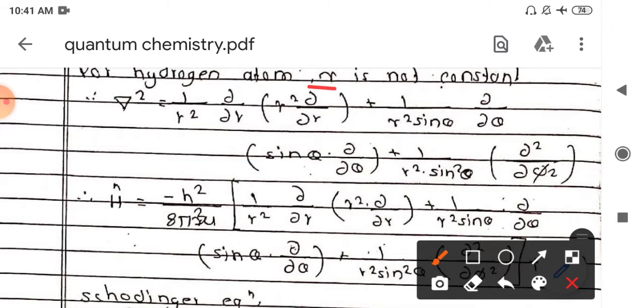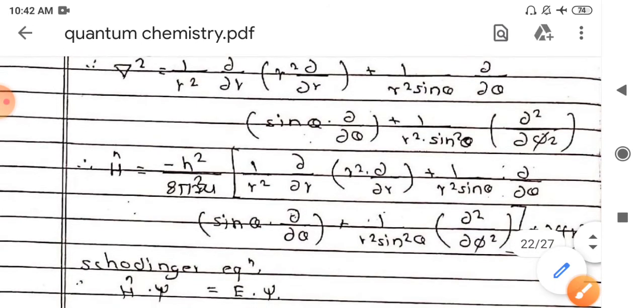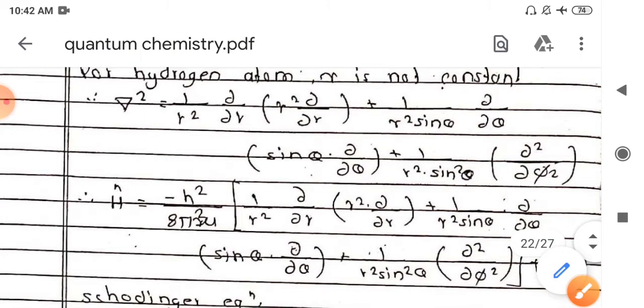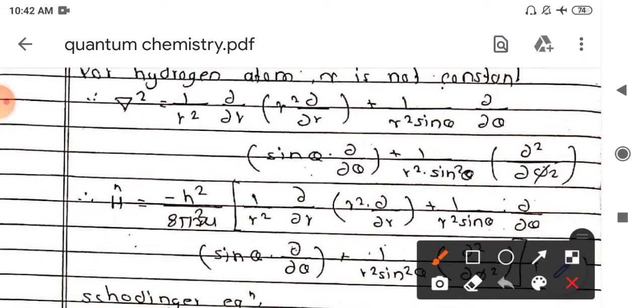Then only we can say that this r, the distance, is not a constant, and in an actual atom the r distance is not a constant one. So this grad square or the Laplacian operator for this hydrogen atom will be the same, but this first term, that is 1 upon r square ∂/∂r (r square ∂/∂r), this term will not be 0.